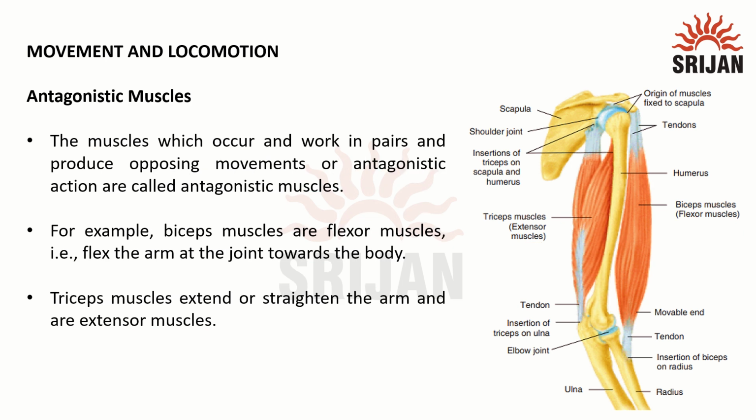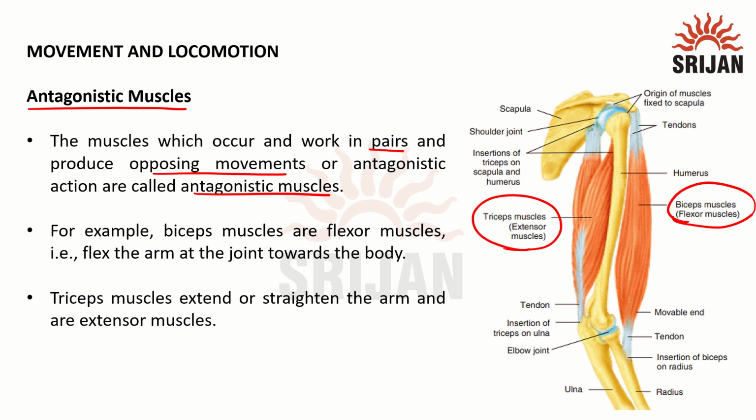Muscles always work in an antagonistic way, that is in the opposite way. The muscles which work in pairs and produce opposing movements, such as our biceps muscles and triceps muscles, are said to be antagonistic muscles, and their action is antagonistic action. Biceps is a flexor muscle and it helps in flexing the arm at the joint towards the body.